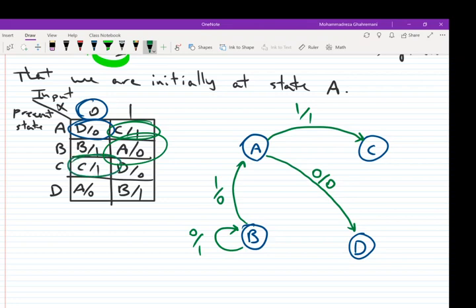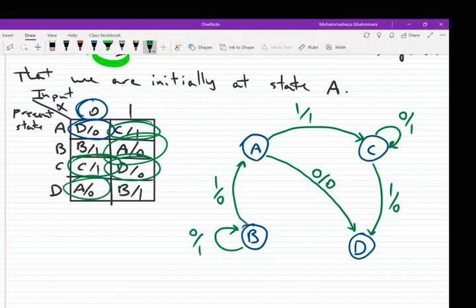If the system is in state C and input is 0, there is no state change and the output will be 1. If the system is in state C and input is 1, there is a state change to D and the output is 0.